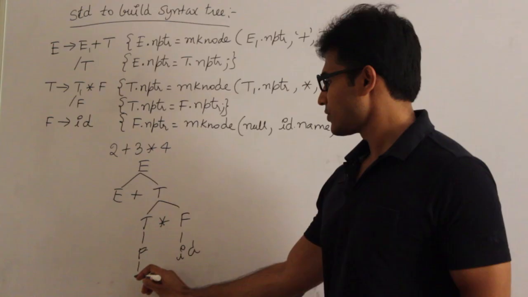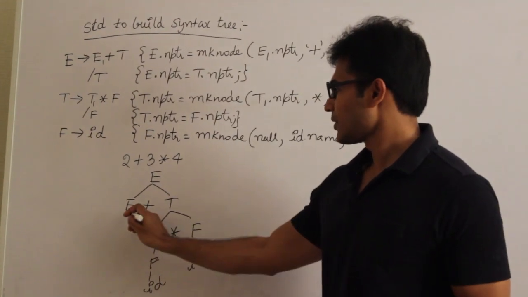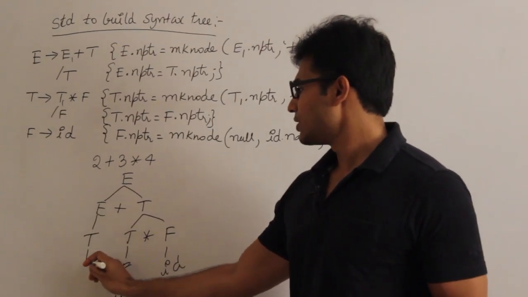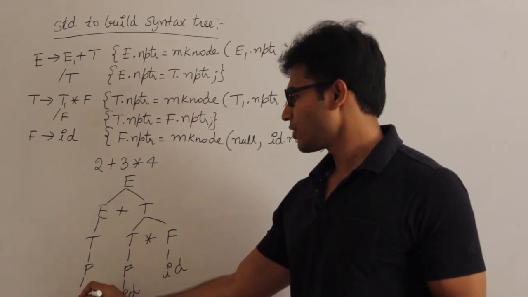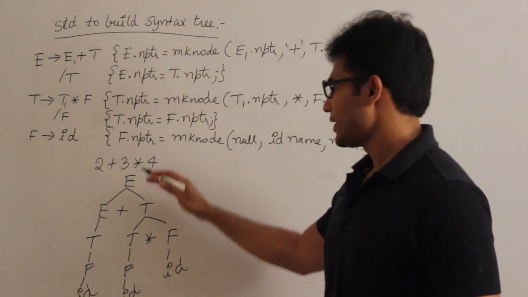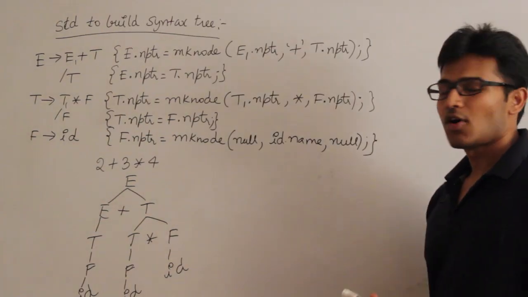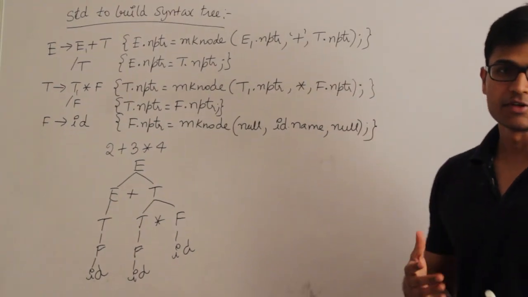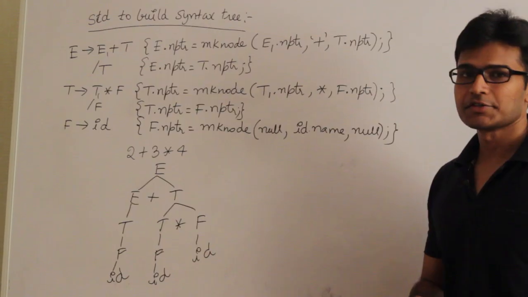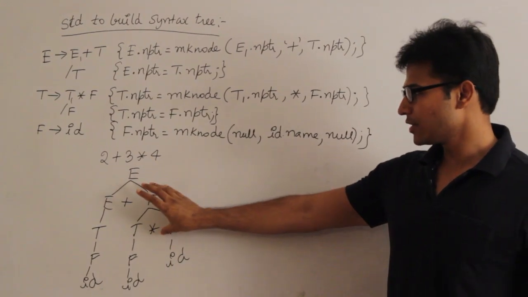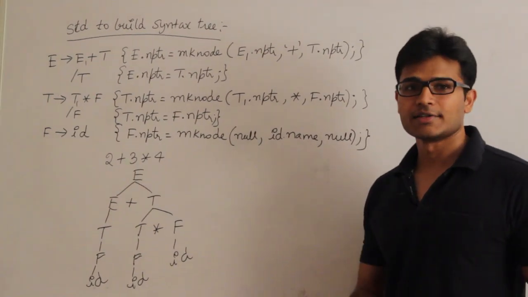T to F, F to id, E to T, T to F, and then F to id. If I write like this, it is called a concrete syntax tree, or it is also called a parse tree, right? You know that this is a parse tree, and one more name is concrete syntax tree.